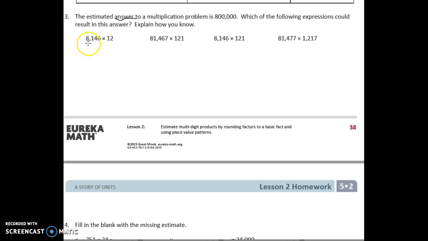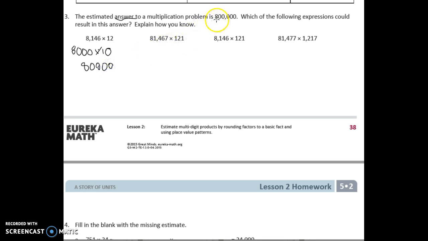So you're looking at them. This is going to become, it is about 8,000, right? 8,000. And then if you're saying a times about 10, right? We know that 1 times 8 is 8. Then we have 1, 2, 3, 4 zeros. 1, 2, 3, 4 zeros.